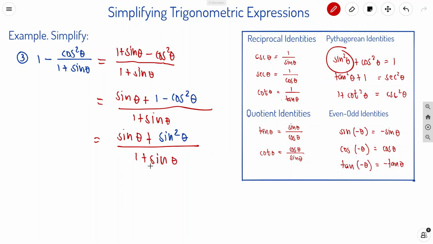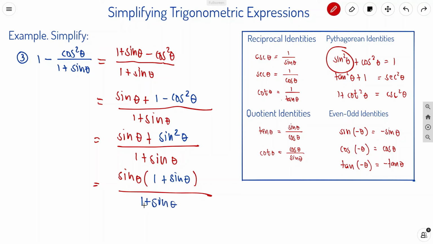Okay. Now, ang next natin gagawin dito is we are going to factor out. So, ang common factor ni sine theta at ni sine square theta, that is just equal to sine theta. So, i-factor out natin yan. So, we have sine theta, then times by factoring, that will leave us to 1 plus sine theta. Okay. Then over, we have 1 plus sine theta.